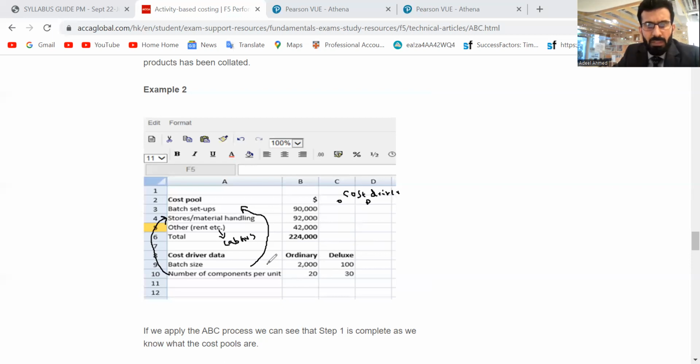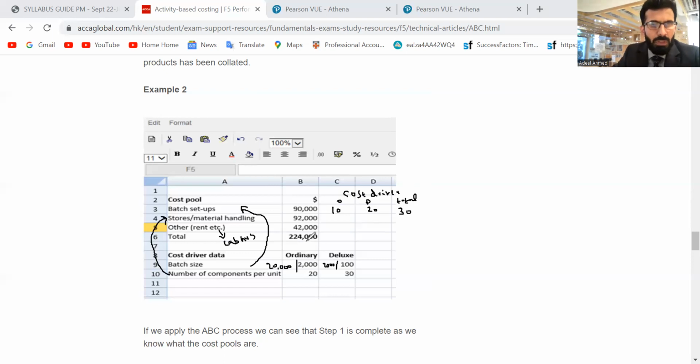So effectively, 20,000 divided by 2,000, we need 10 batches for product ordinary, and for deluxe we have 2,000 units to produce, each in a batch size of 100, which would require 20 batches. And effectively the total number of batches required, or the setup required, would be 30.